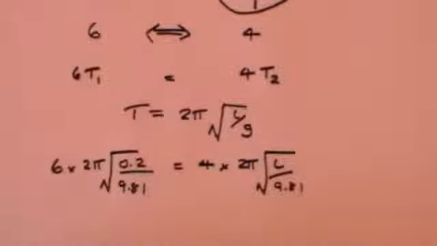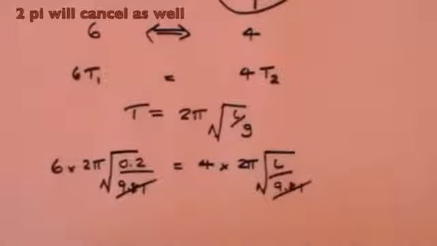And you'll notice that you've got the square root of 9.81 on either side, so that can cancel. And if you then simply take that to its basis, you'll find that L is equal to 0.45 meters. That's just a straight calculation.